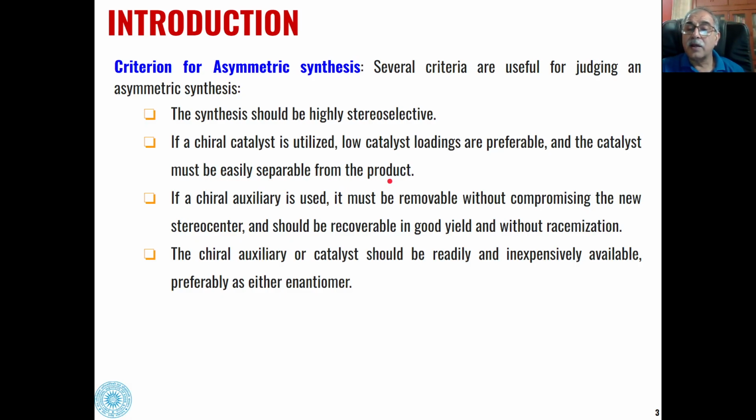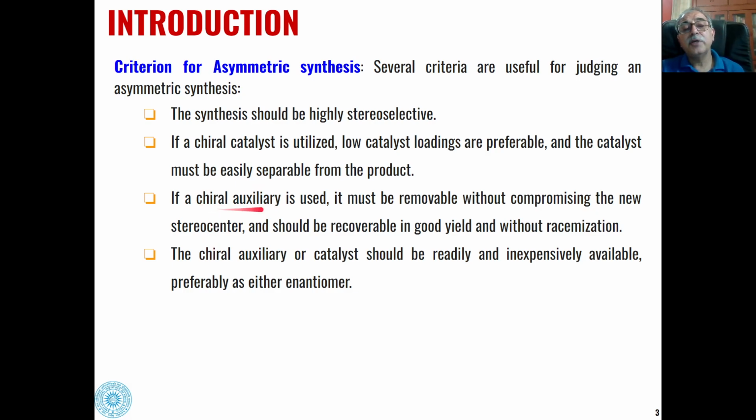If we cannot isolate the catalyst in pure form after the reaction, then that type of chiral catalyst is of less utility in comparison to a catalyst which can be easily separated from the product. So this is the other condition, that the chiral catalyst which we are using for asymmetric synthesis should be used in low amounts, and it should be separated very easily from the product.